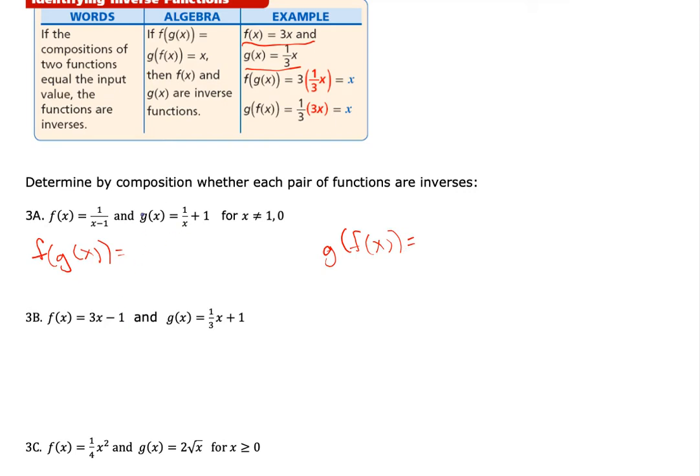So I'm going to take my g function, and I'm going to put it inside my f function. So instead of writing x here, I'm going to put in this stuff. Okay, so this is 1 over x minus 1, but I'm putting in the g function for my x.